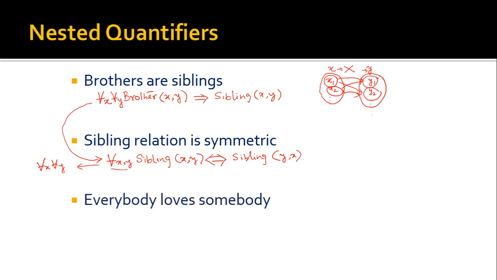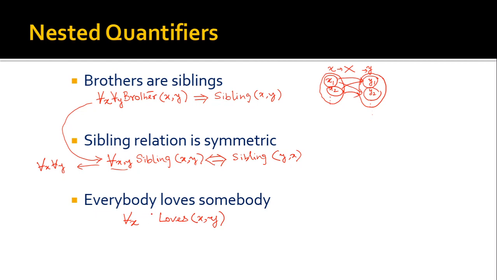Now the third thing that we would like to model is everybody loves somebody. First let us write the predicate, loves(x, y). Now we are stating this for all x, so you have to write for all x. But this x may love somebody; they may not love everybody.